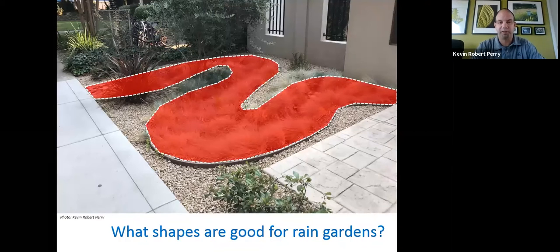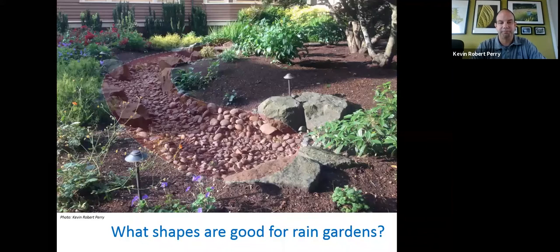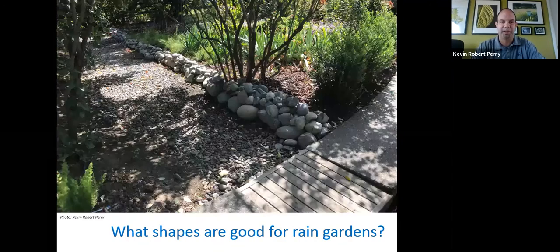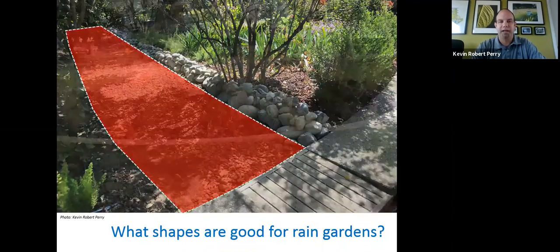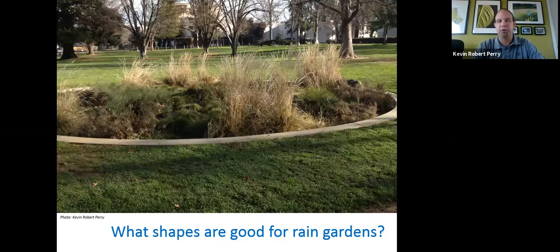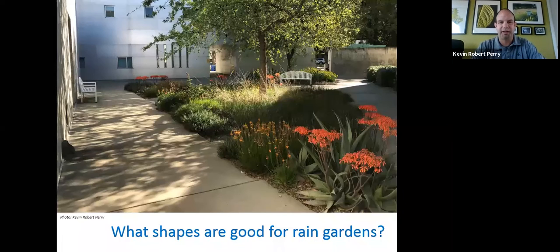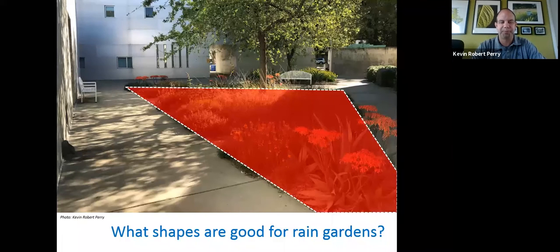Maybe it's more of a serpentine look, or a kidney shape. Like I said, pretty much anything goes. They can be whatever they want. And I think that's advantageous when you're working around different site conditions, whether it's a setback requirement or an existing tree. Maybe it's a circular space if you like circles, or a triangular space, that's certainly good too.